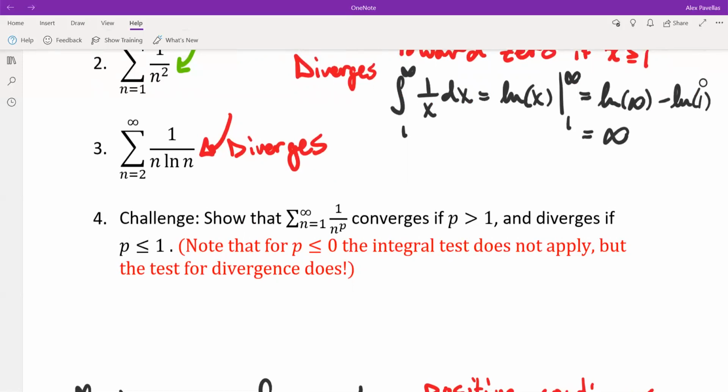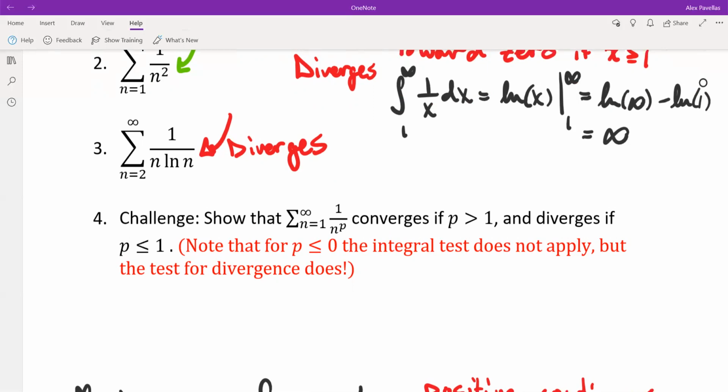Using the integral test, you can show that if p is strictly greater than 1, say p is 1.00000001, the series converges, and it diverges if p is less than or equal to 1. We already know it diverges if p is equal to 1, so you just have to show that it diverges if p is less than that.